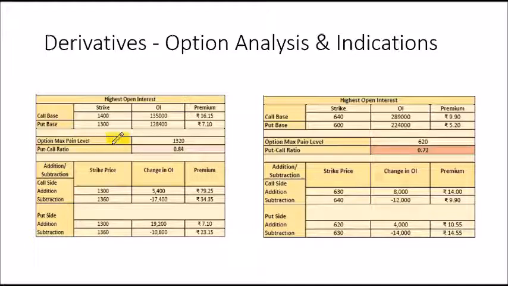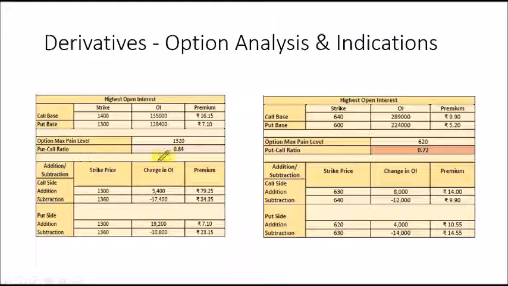So there are two things: if the stock is too far from this max pain level, let's say 1400, 1450, then the max pain will move upward or the stock might move downward. This is not some indication, but just a number where you can have an idea of how far the stock price is from the max pain level.